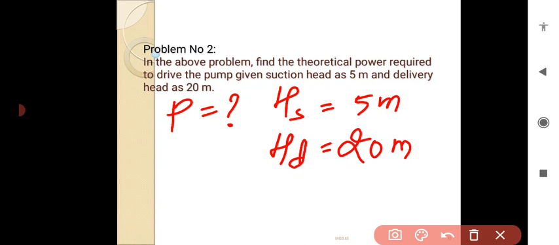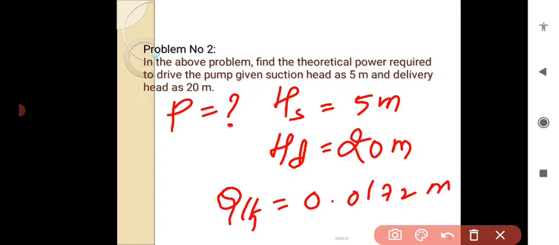In the last problem we calculated the theoretical discharge, 0.0172 meter cube per second. So we know this is the given data.